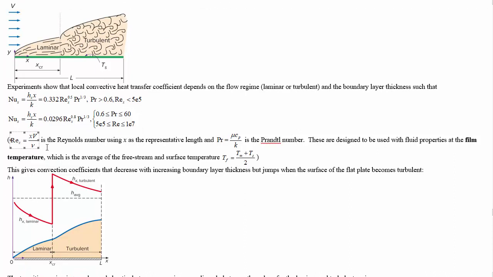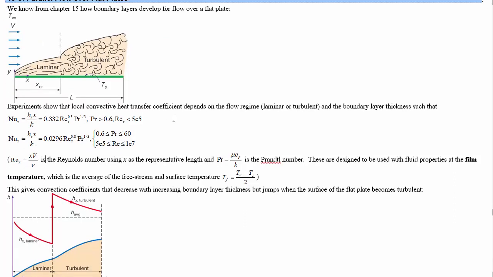So again, Reynolds number is the Reynolds number using x as the characteristic length, and Prandtl number is mu Cp over k as usual. These are designed to be used with the film temperature to figure out the fluid properties. So for both Reynolds number and Prandtl number, you're going to need fluid properties like the kinematic viscosity, the dynamic viscosity, specific heat capacity, and thermal conductivity. And these depend on temperature. So which temperature should you use?